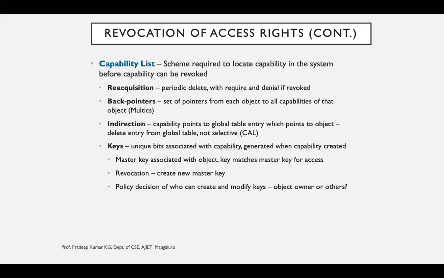Then the second step is back pointers. Here, back pointers are nothing but a set of pointers from each object to all capabilities of that object. We know Multics is nothing but a set of rings. We have seen that diagram. The core ring will have all the complete security, the outer ring a little bit less, again a little less, and so on.